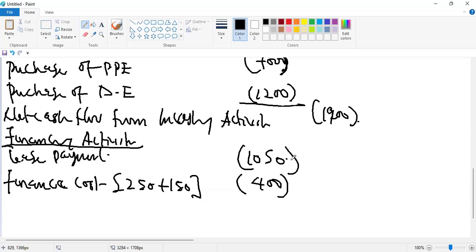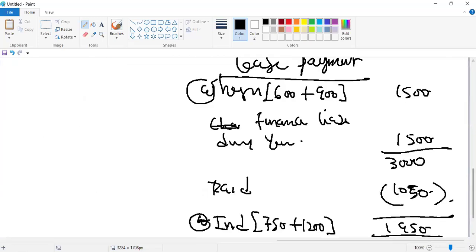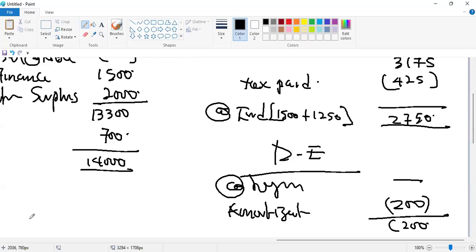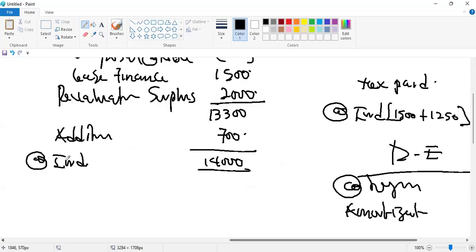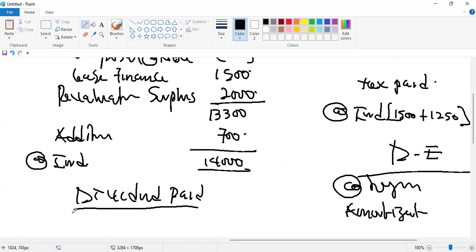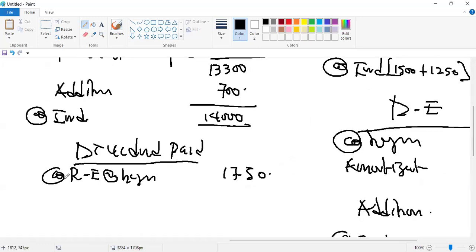Let's look. I'll apply the formula. What is the retained earning at the beginning? 1,750 plus the profit for the year, 2,000, minus dividend.